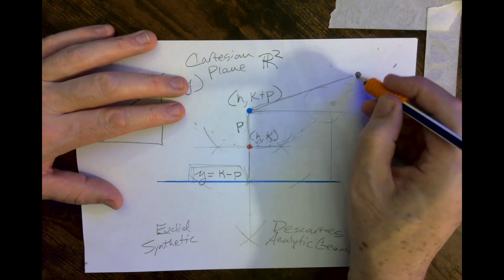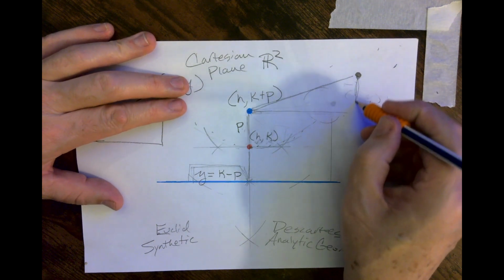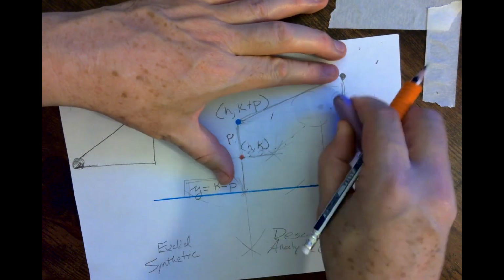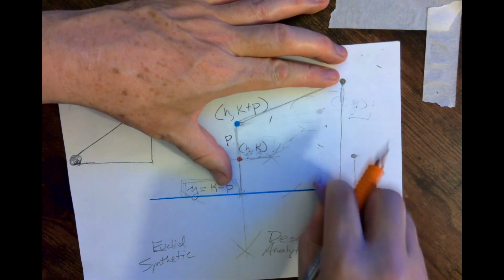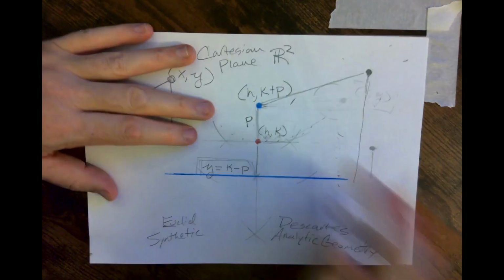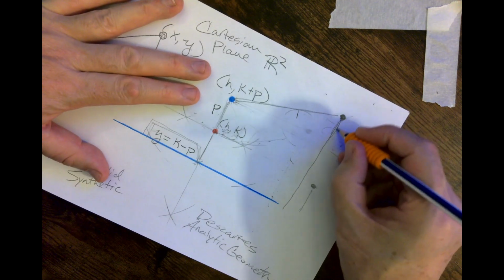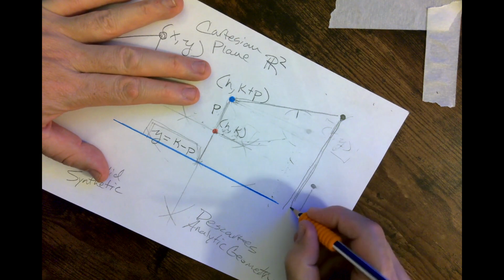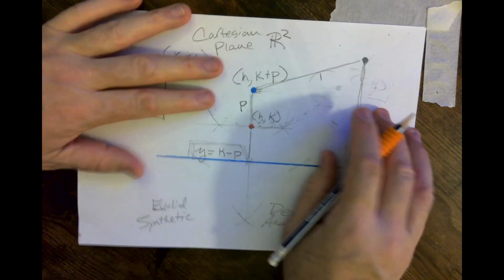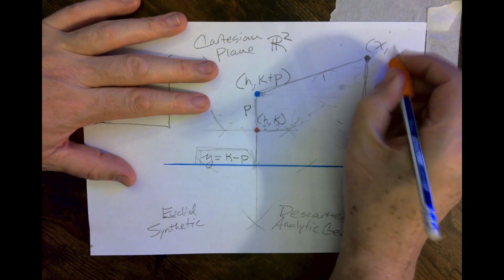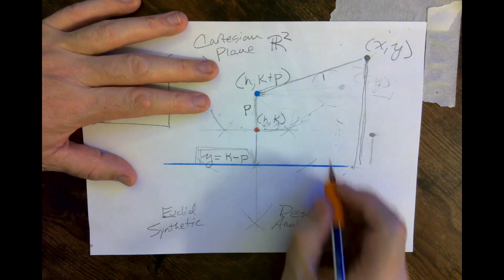Okay, and to find that distance, we can make a right triangle. Cartesian plane, easy to find right triangles. Sketches could be much better. Okay, but that's what we got. (x, y).